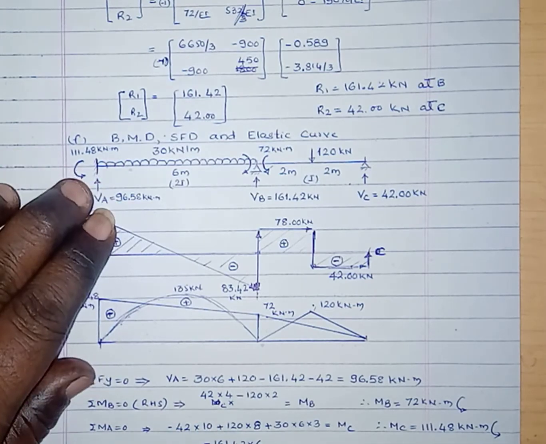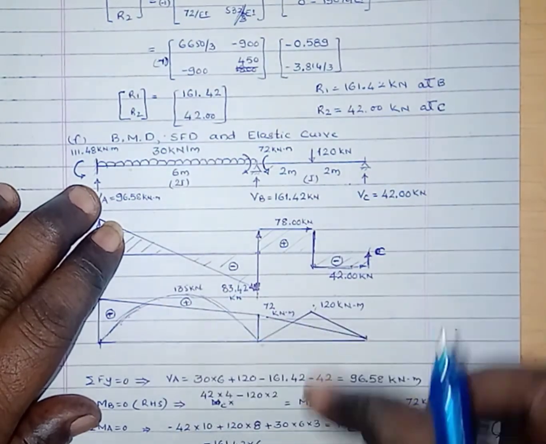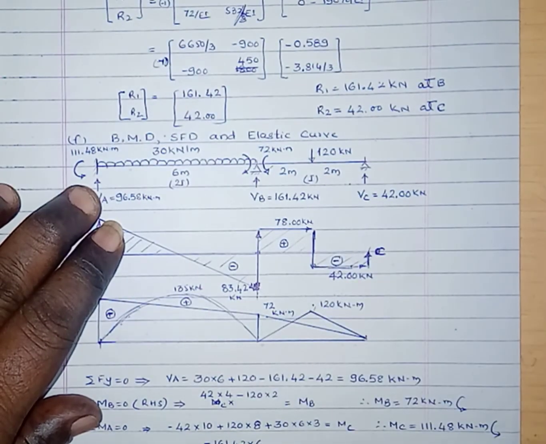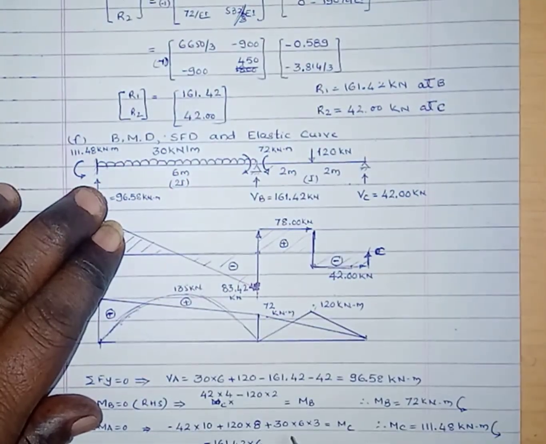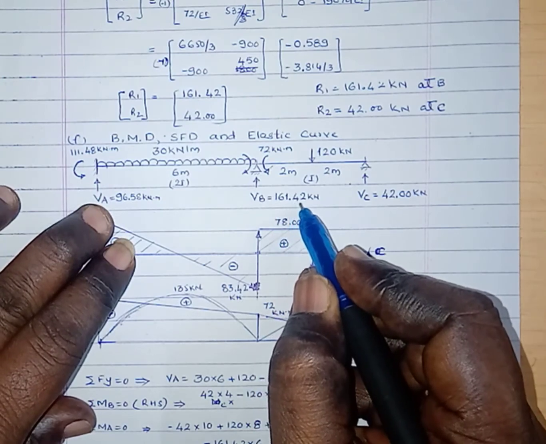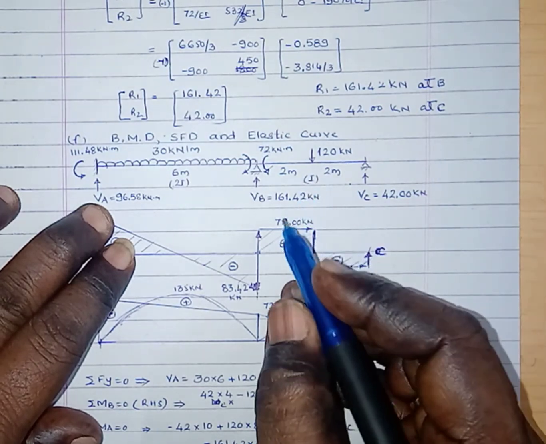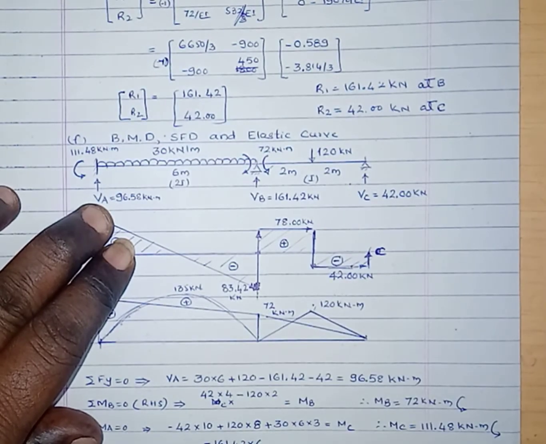Similarly, this one is also the same. Then summation of MA equals 0: Vc into 10, that is 42 into 10, that is anti-clockwise. Then 120 into 8, that is clockwise. Then 30 into 6, which is acting at a distance of 3 meter, that is 30 into 6 into 3, and then minus 161.42, just now we have calculated by applying one of the redundants, that is VB into 6, that is 161.42 into 6.